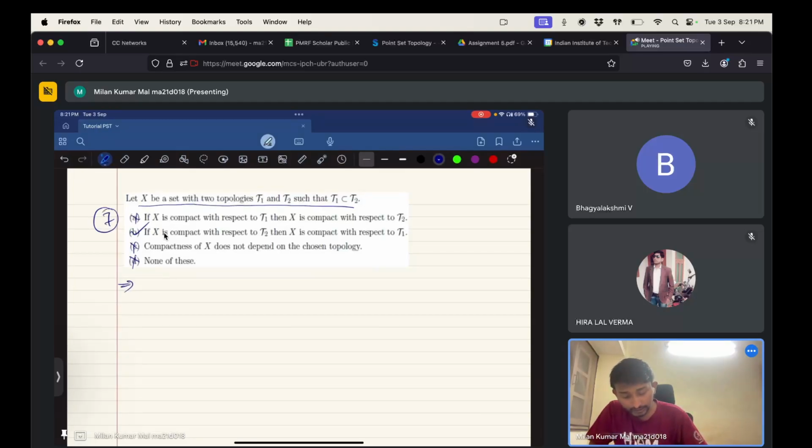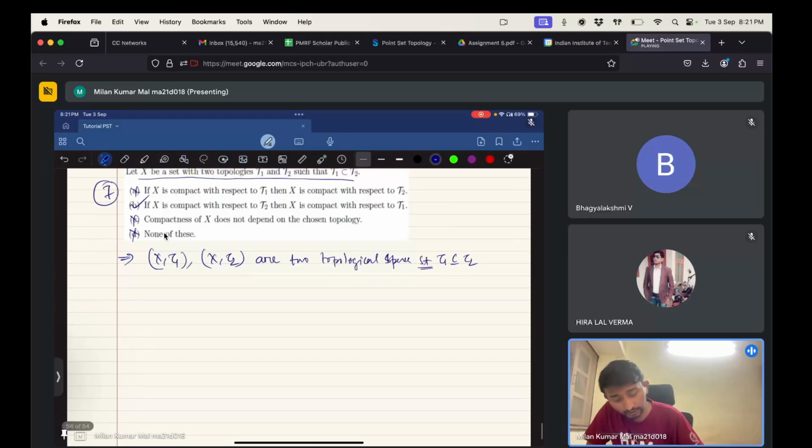Let (X, tau 1) and (X, tau 2) be two topological spaces. So you can say that the sets are the same but the topologies are different, such that tau 1 is a subset of tau 2.